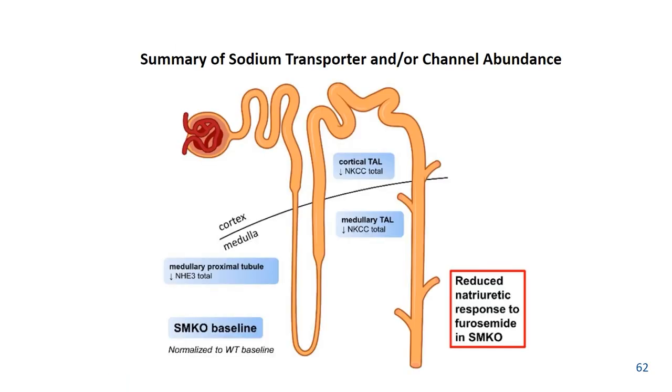So to summarize this data, we have a scenario where this is just at baseline, you have decrease in NHE3, you have decrease in NKCC2, in both cortical and medullary, and you also have this reduced natriuretic response to furosemide.